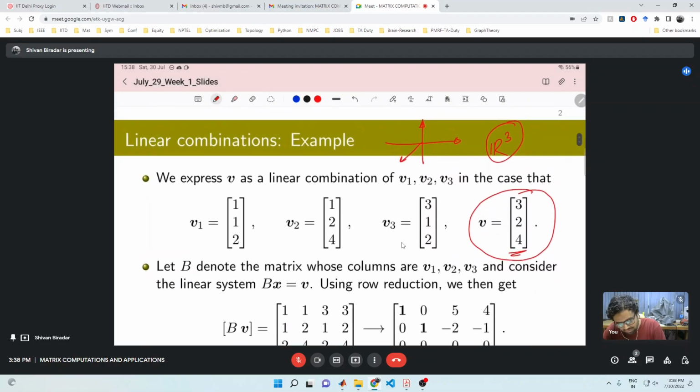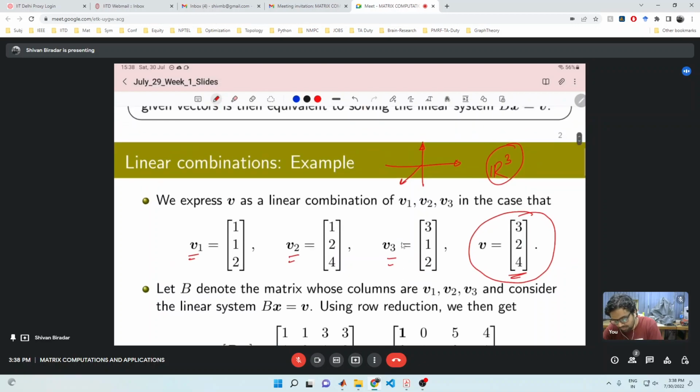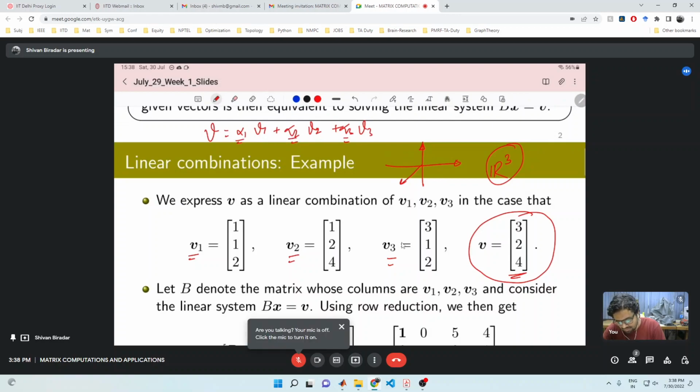In R^3 we have the vector (3, 2, 4). This can be expressed as a linear combination of v1, v2, v3, which means that v can be written as alpha 1 v1 plus alpha 2 v2 plus alpha 3 v3. So you have to find alpha 1, alpha 2, alpha 3 such that the linear combination of v1, v2, v3 will give us this vector v.